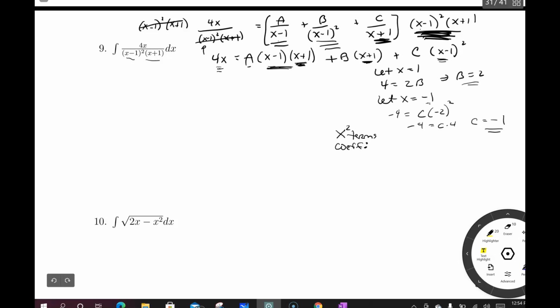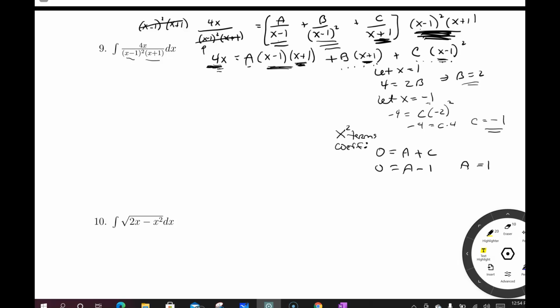So on the left-hand side, the coefficient of the x squared term is 0 because there's no x squared term. On the right-hand side, I would get an Ax squared. There's no x squared terms here. And in this, I would have a Cx squared. I know that C is negative 1, so this gives me that A must be 1.